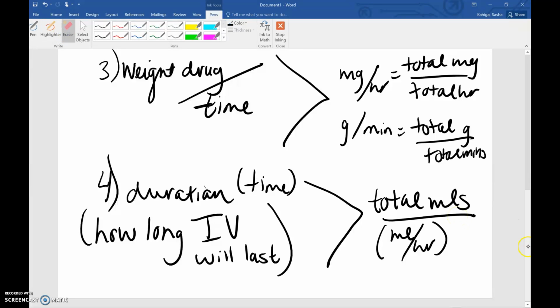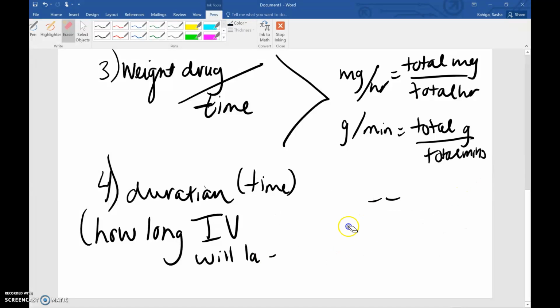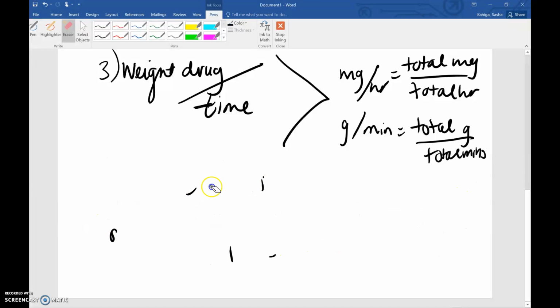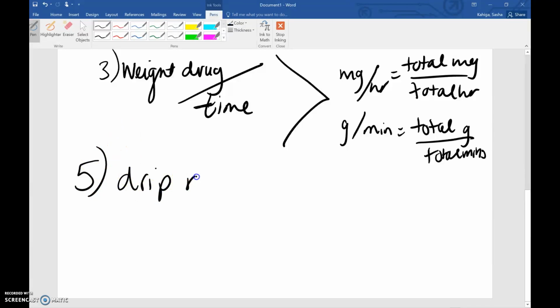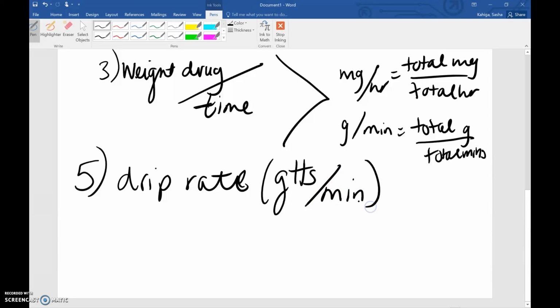Another formula that I want you guys to know, I'm going to have to erase this. All of these formulas again are on your conversion sheet. But another formula that I want you guys to know is the drip rate. All right. Drip rate is going to have the units of drops per minute. And that formula is, you're going to take the total amount of milliliters the patient is receiving over minutes and multiply it by your drop factor.